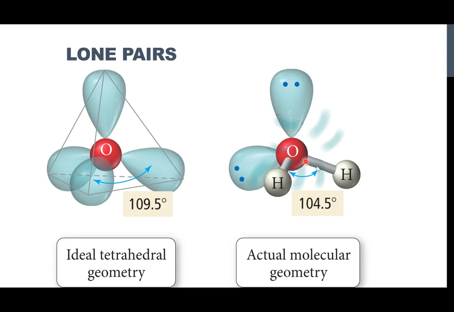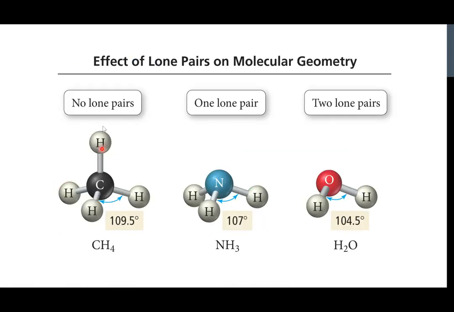So when we actually measure this angle here, it's actually 104.5. So slightly smaller because these big fat lone pairs are taking up all the room. Okay. So ideal tetrahedral, 109.5. 1 lone pair, we see a slightly smaller angle. 2 lone pairs, we see an even smaller angle.